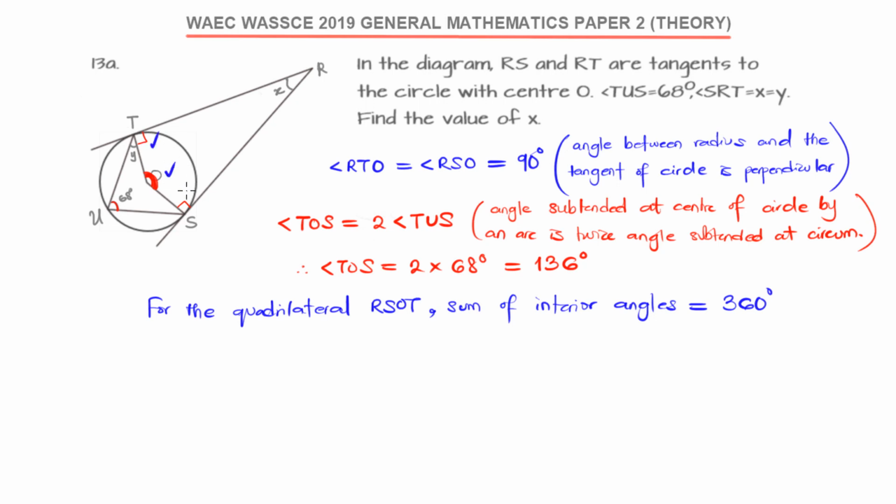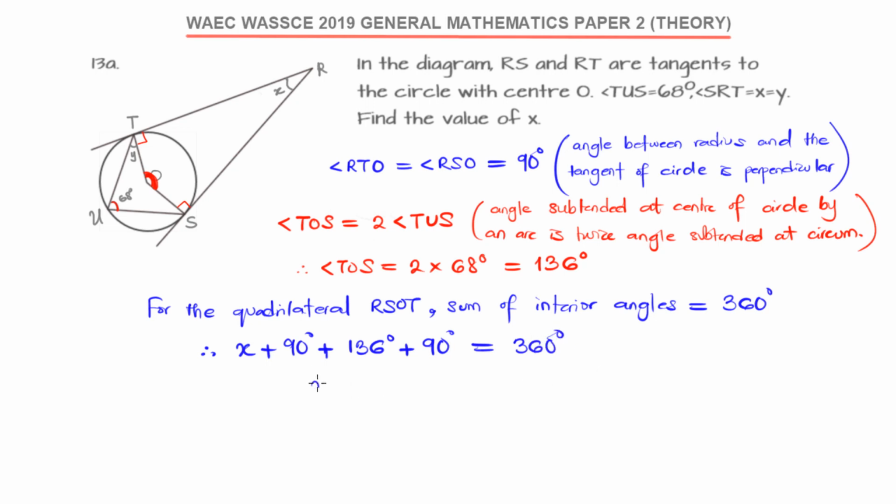The sum of the angles is 360, and so all the angles marked in blue, if we add them, will give us 360 degrees. So we can say angle X plus 90 degrees, plus the angle at the center of the circle, 136 degrees, plus the other angle between the tangent and the radius, 90 degrees, will all add up to 360 degrees.